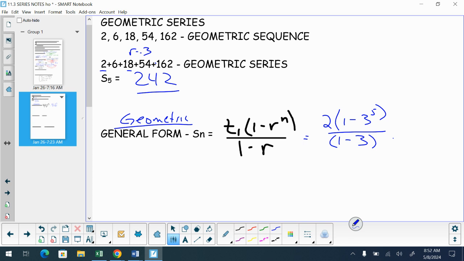It is 1 minus 3 to the 5th power, multiplied by 2 and divided by negative 2. If you get confused by the quantity, you can click in your calculator 1 minus 3 to the 5th, hit enter, multiply by 2, and then divide by negative 2. You should come down to the same value, 242.